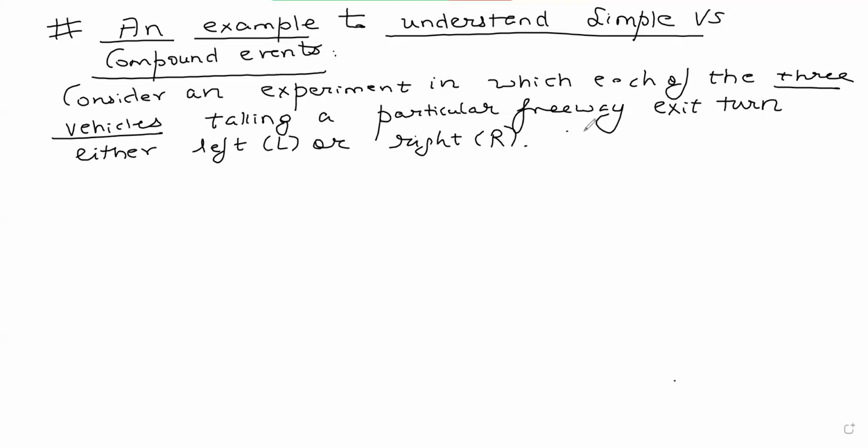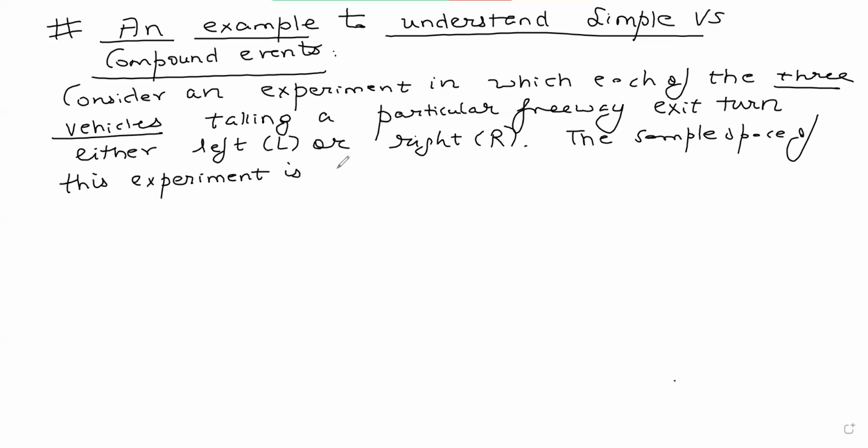So the sample space of this experiment is given by delta. One possibility is that all three vehicles turn left, LLL.